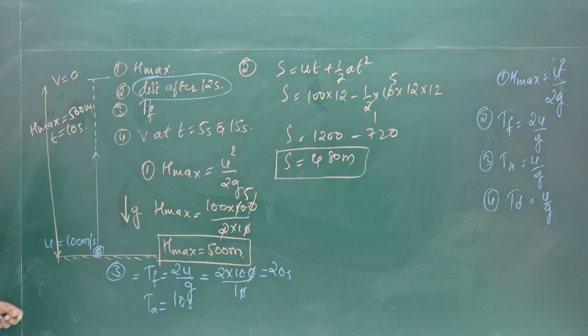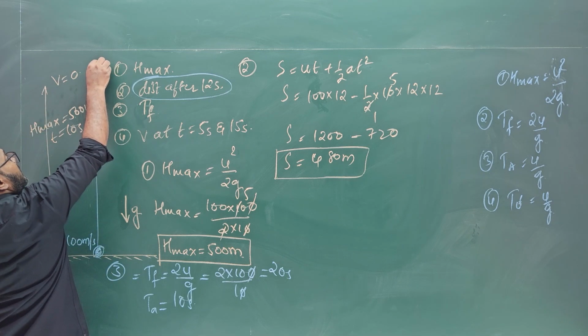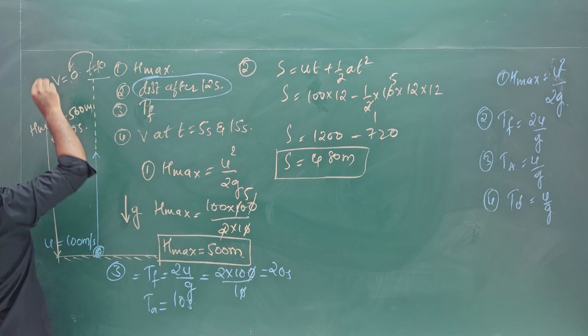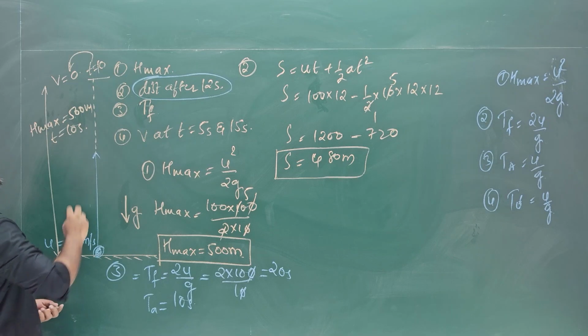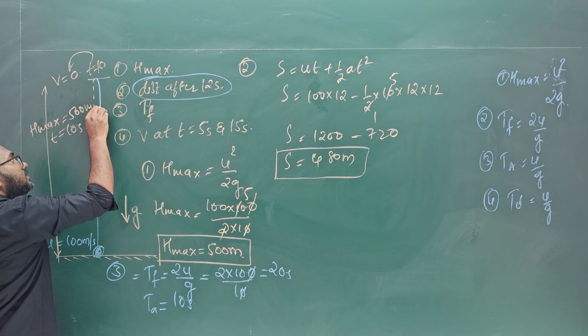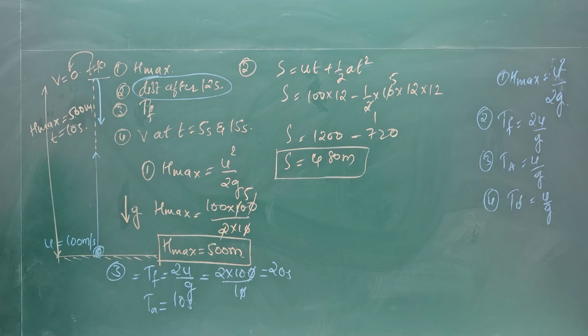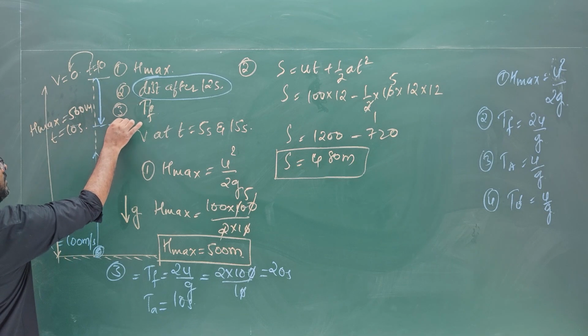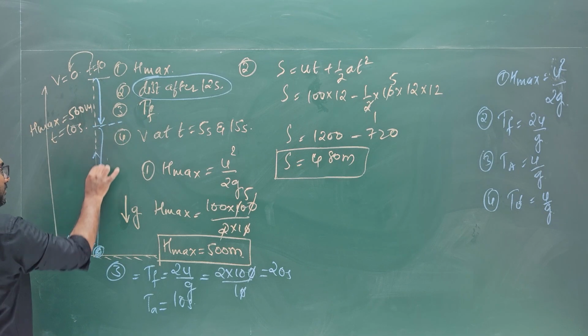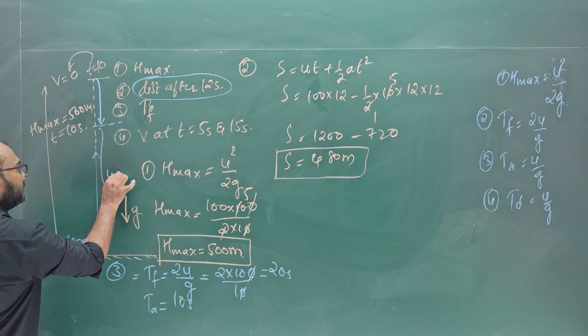Okay. After 10 seconds, at t equal to 10 seconds, velocity becomes what? 0. If velocity becomes 0, obviously the object will be returning back. If the object is returning back, then distance and displacement both will be different. Very good. Okay, what you have got as the answer from here to here is 480.